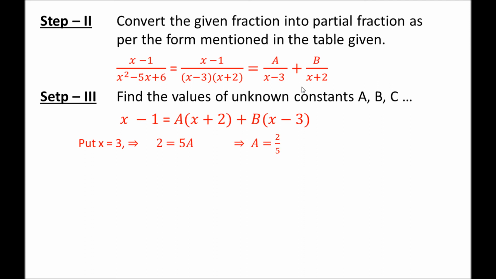So I'll use this method of elimination, put x equal to 3 on both sides and get the value of a, which is 2 by 5. Similarly, if I put x equals 2, the first term on the right hand side will vanish and I can easily obtain the value of b. So after substituting x equals 2 on both sides, I'll get b equals 3 upon 5.